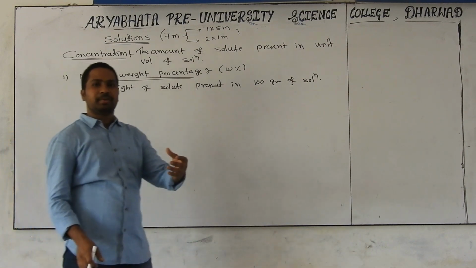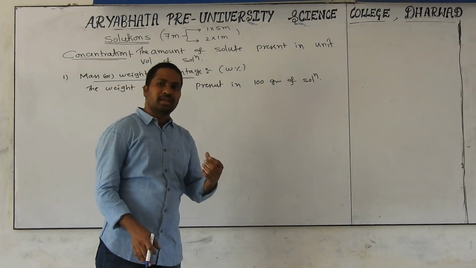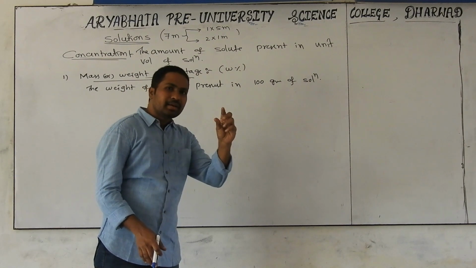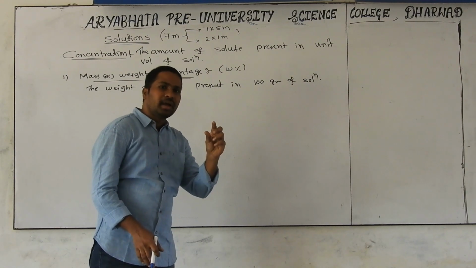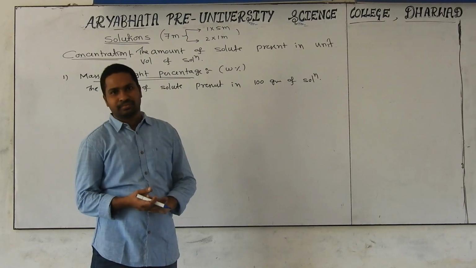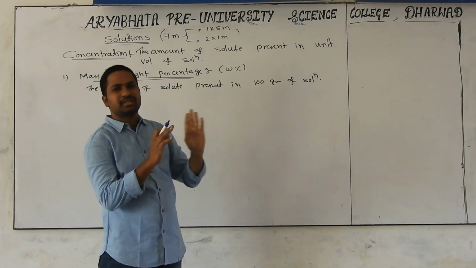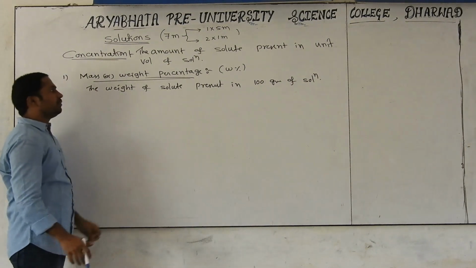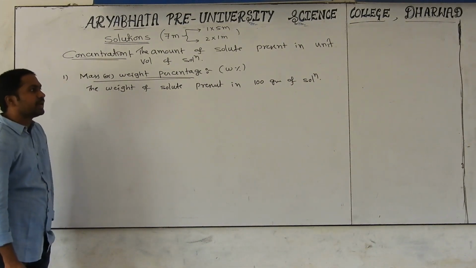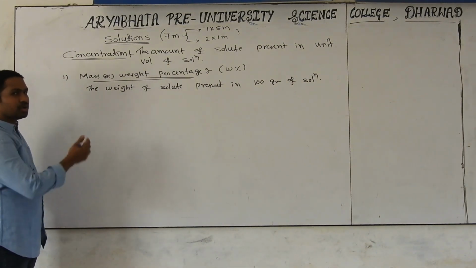For example, 5% of NaCl. What is the meaning of that? 5 grams of NaCl dissolved in 100 grams of the solution. If you take 100 grams of the solution, then definitely 5 grams should be there. That is the meaning. The weight of the solute which is present in 100 grams of the solution is called mass or weight percentage.